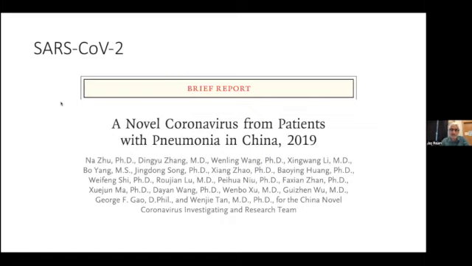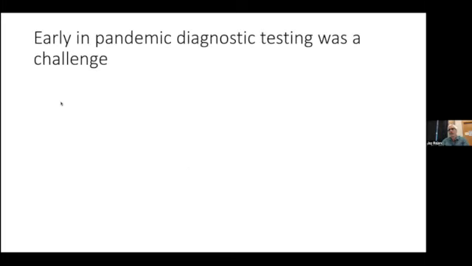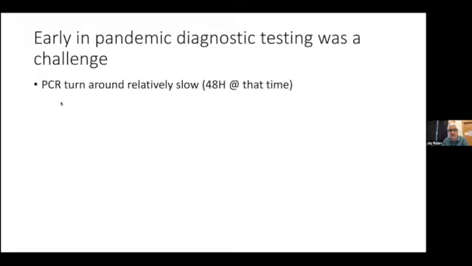Like for many of us, this was a really big challenge, but it was also, in some ways, a bit of an opportunity. As folks probably remember, diagnostic testing was a real problem in the early stages of the pandemic. While PCR assays came up relatively quickly, they're slow, and obviously are best for acute infection.